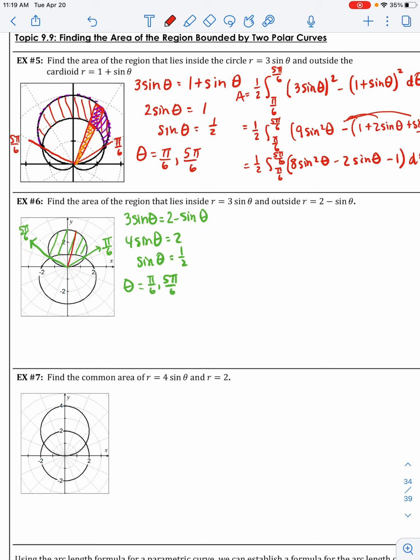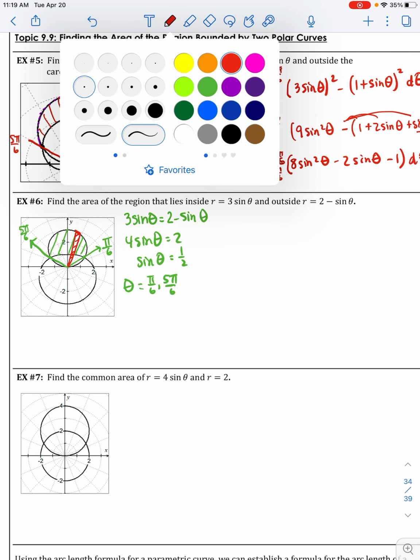And remember how I'll just do it in red, how I said, imagine that it was like one of these things, and it would be the 3 sine theta, because that's this outside function. It would be that integral, 1/2 r squared d theta, minus the 2 minus sine theta.